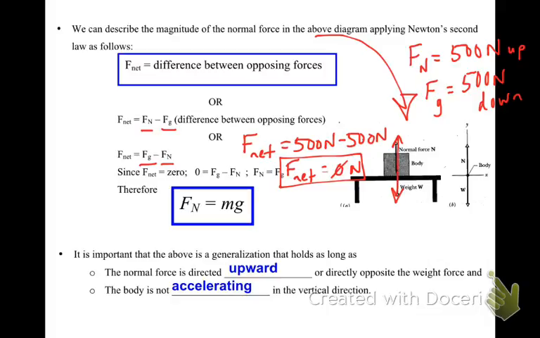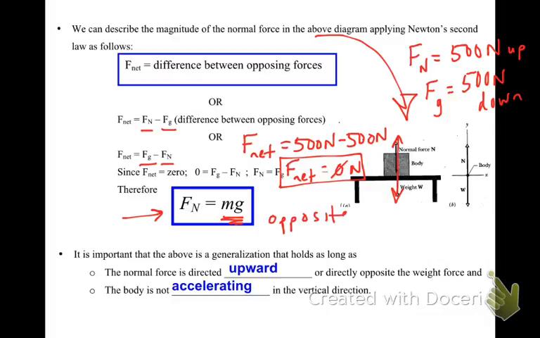This is at rest, so the forces are opposite of one another. In other words, since our force of gravity is equal to our normal force, we can state that our normal force winds up being equal to our weight itself, just in opposite directions.